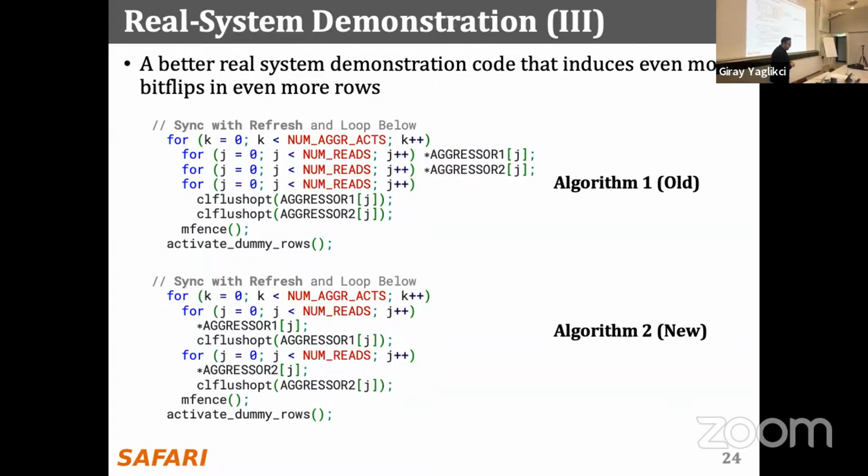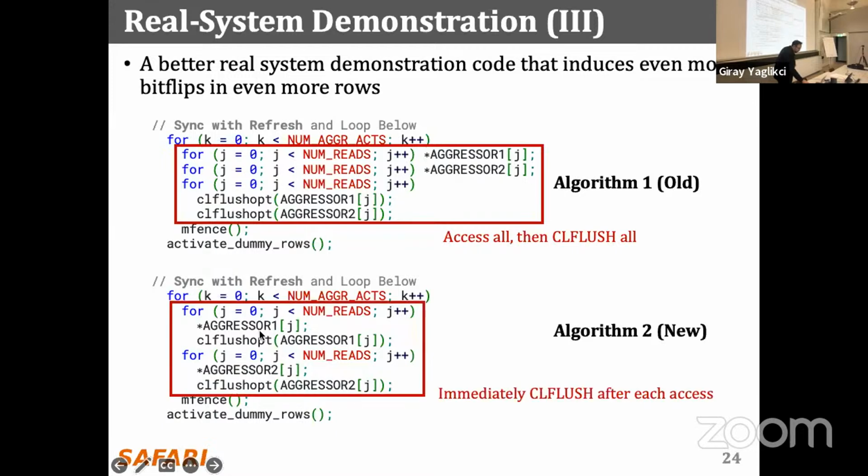So in this example, Algorithm 1 (old) is from the paper that was published as the ISCA version. Later on, we improved this real system demonstration by using Algorithm 2. We made just a small change here. This flush operation goes to the top so that you access the memory more frequently.